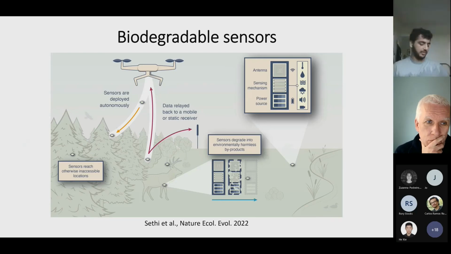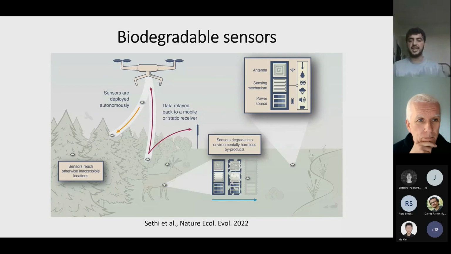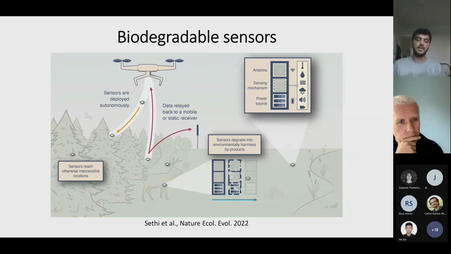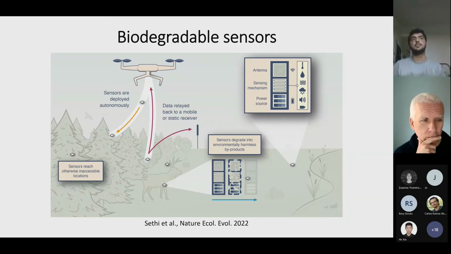This is a recent line we started going down, which is how we can use biodegradable sensors to scale up sensing efforts even further. Biodegradable sensors are being developed in medical applications, where you can put in an implant that measures something like your blood pressure around an artery, and then you leave it and it gets resorbed back into the body. If we can use these sensors in ecology, there's a vision where drones drop sensors which relay data back to either the drone or a receiver, and then they can just be left there.